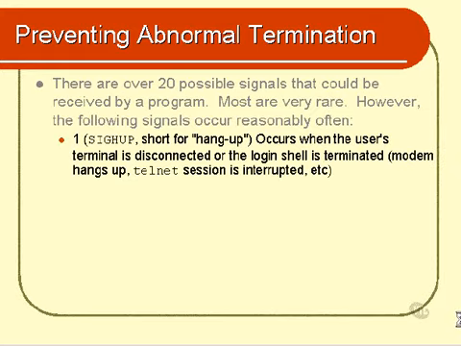The first is signal number 1, which is what we call the SIGHUP signal. HUP is short for hang up, and that occurs whenever the user's terminal is disconnected or the login shell is terminated. That can happen when the modem you're connected to hangs up, or a telnet session is interrupted, or a network goes down, or your terminal becomes unplugged, or whatever.